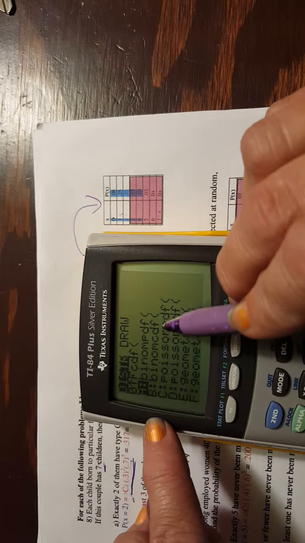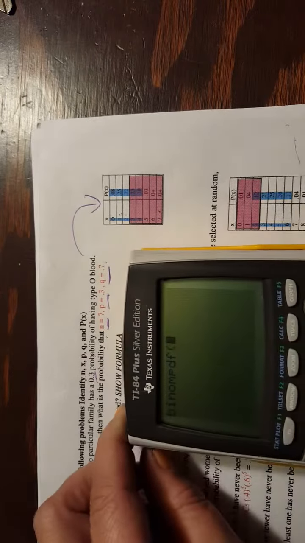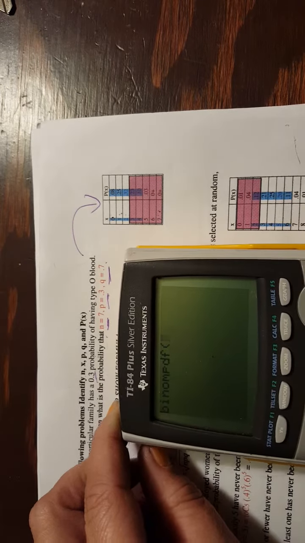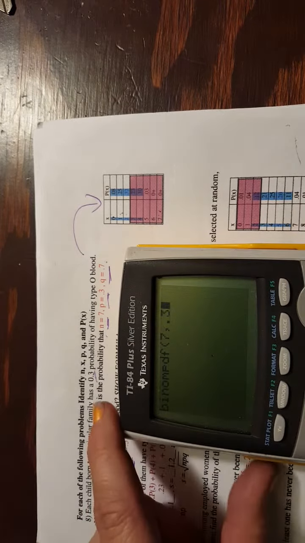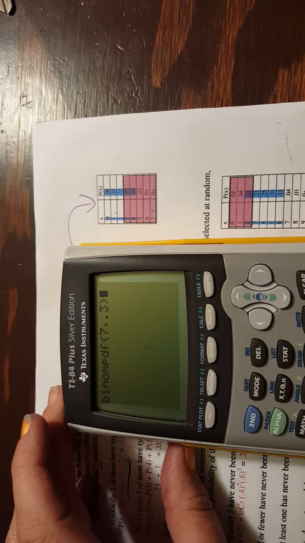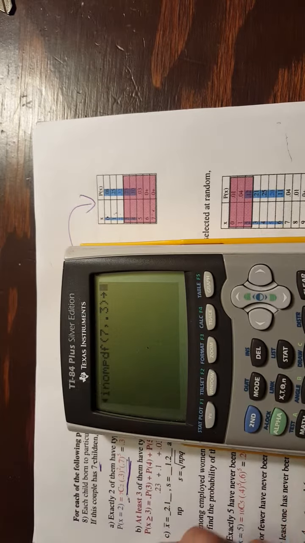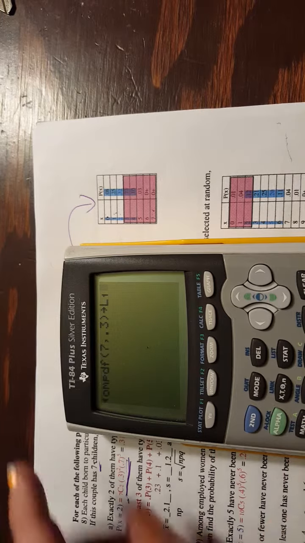Now be careful, don't get the CDF, get the PDF. And then you put in N, comma, 0.3, and then we want to store it, which would be arrow key, in list 1, which is second one.